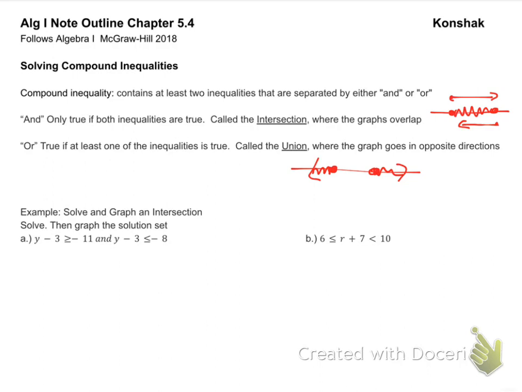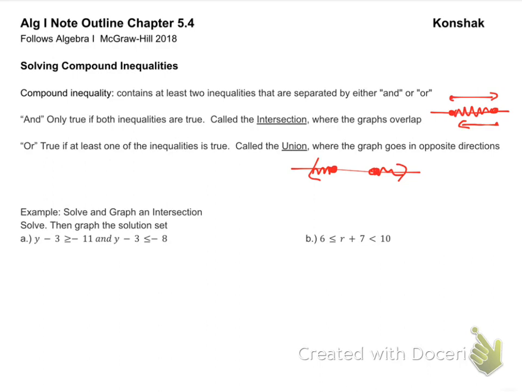I'm over 18. You guys would still probably not be able to do that. Now, if it said and, so you had to be 6 feet tall and be over 18, then I still would not be able to ride the ride because I do not qualify under both of those. So that's how an and or an or problem is dealt with.